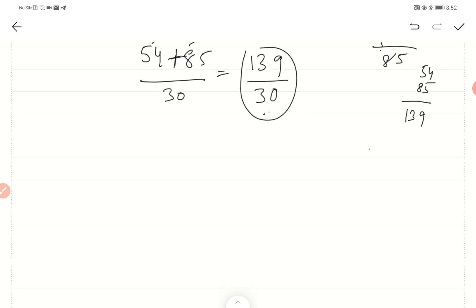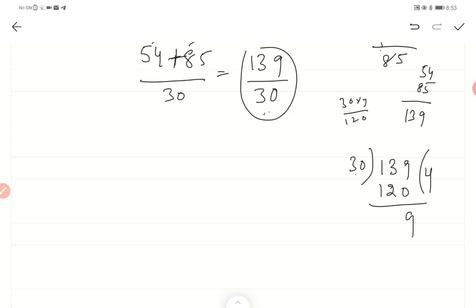If I divide 139 by 30, how many times will it go? 30 fours are 120.